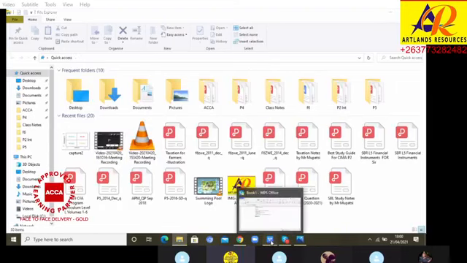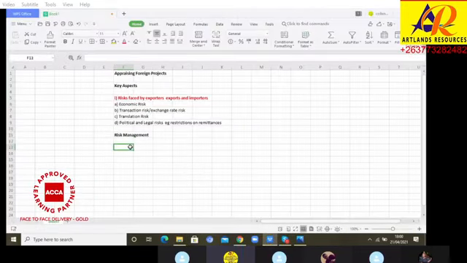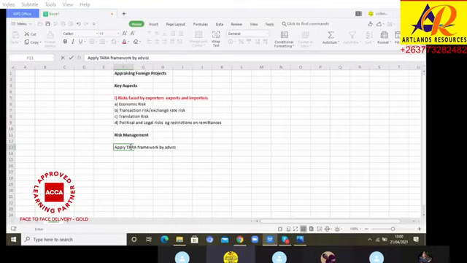So I want you to apply risk management. You apply the TARA framework by advising directors on actionable ways to manage risks, based on their frequency of occurrence and impact.